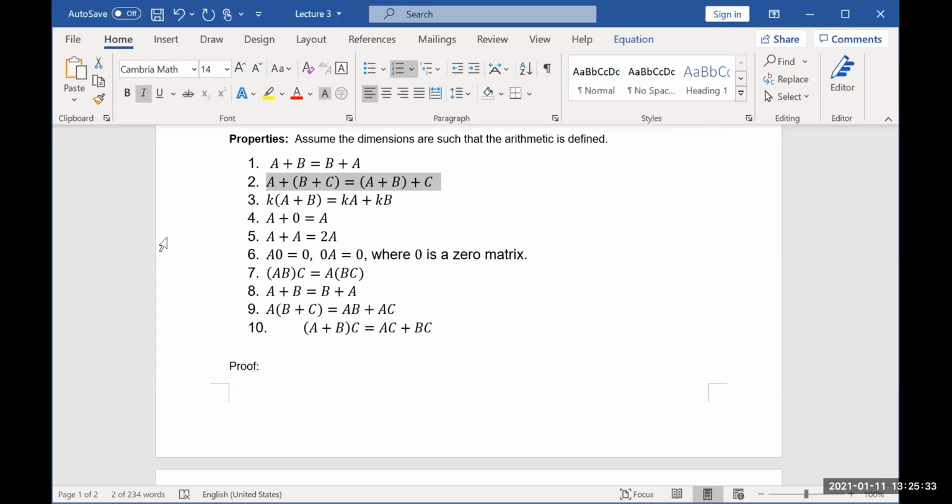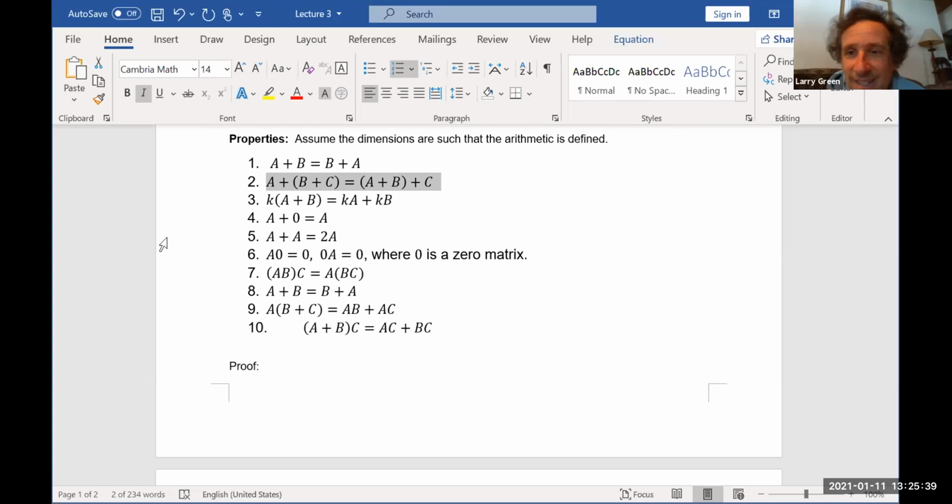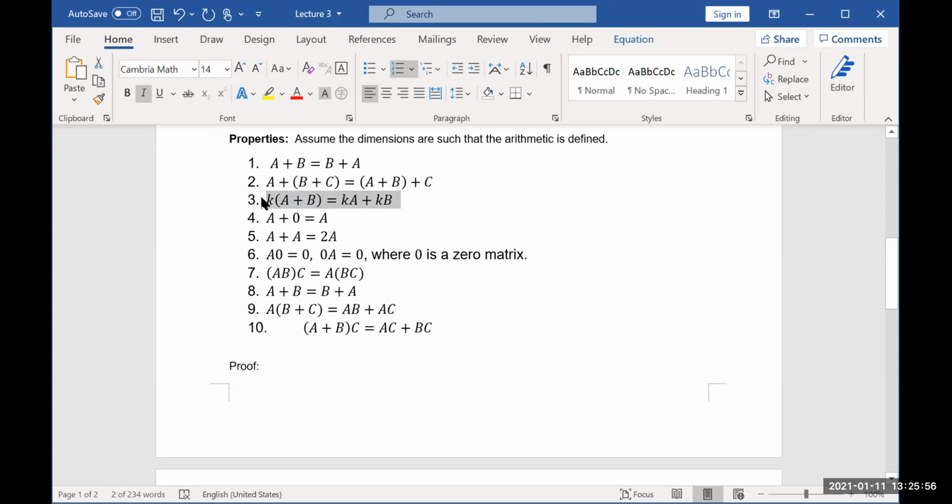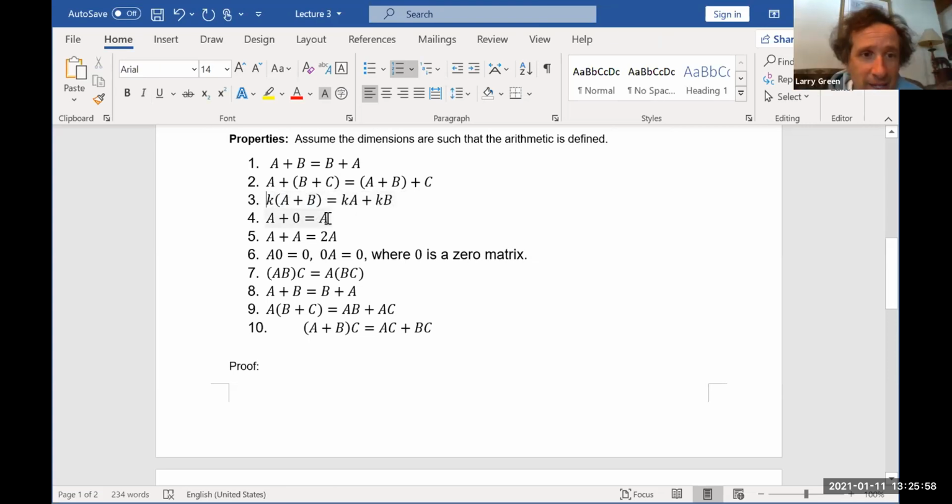Number 2 is, I don't know. Yeah, associativity or associative. So these are properties, which means they're true. So for addition, commutativity, associativity, what do you call k times (A plus B) equals kA plus kB? Distributive. Yep, that's the distributive property, also true. A plus 0 equals A. Do you remember what you call that one?